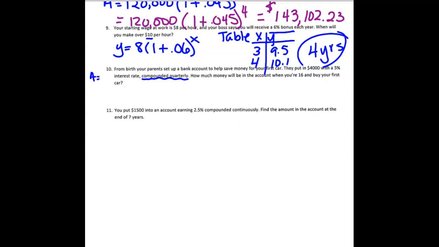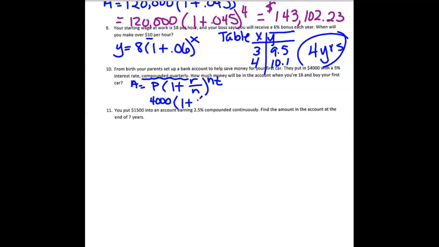All right, so we need A equals P times 1 plus R divided by N to the NT power. All right, P is our principal, our starting amount. And they told us that we had $4,000. Okay, our interest rate, R, is 5%.